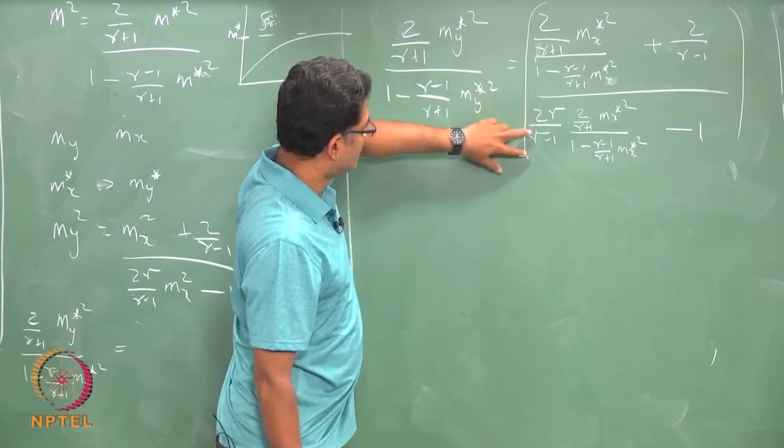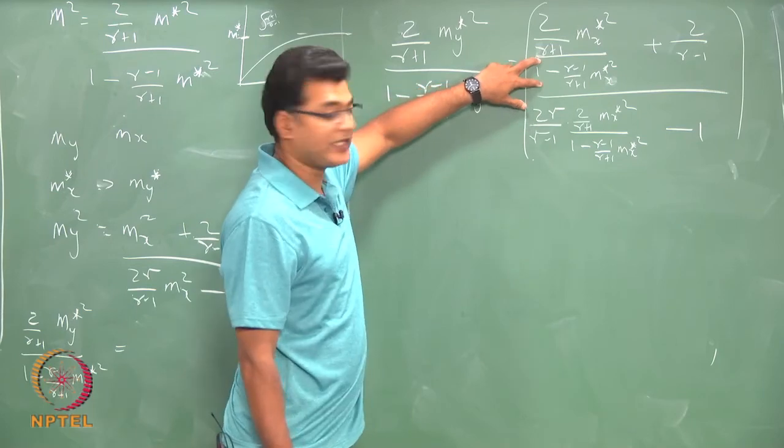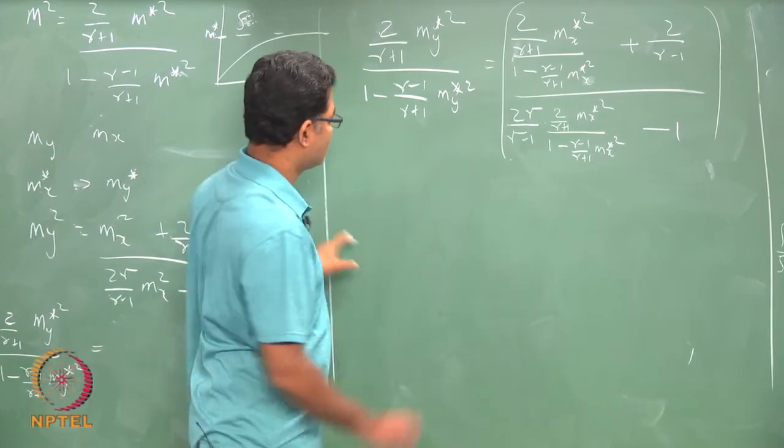So the denominator in this and the denominator in this are the same, so I can cancel that out.